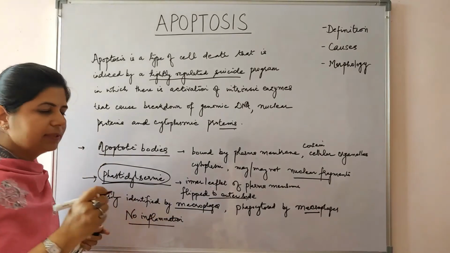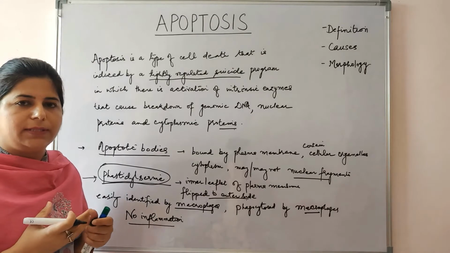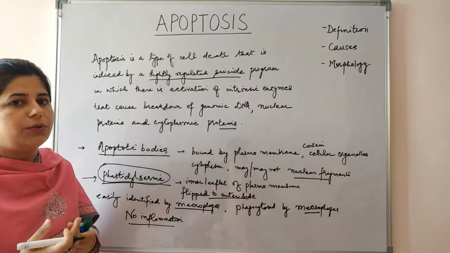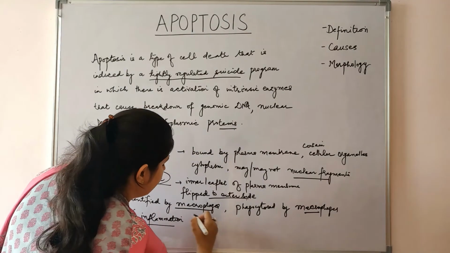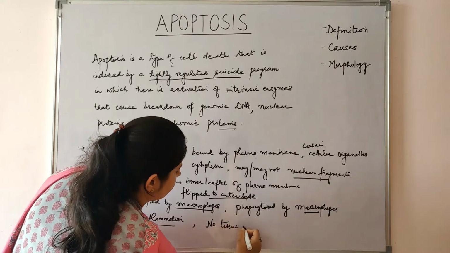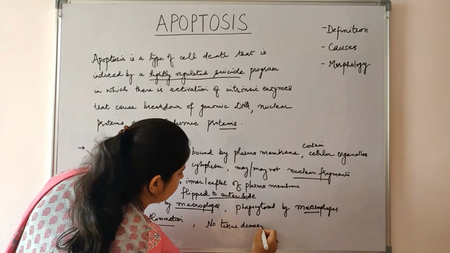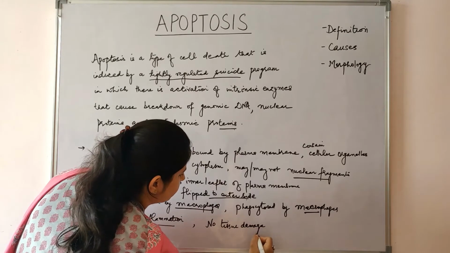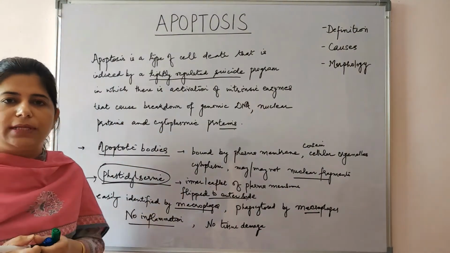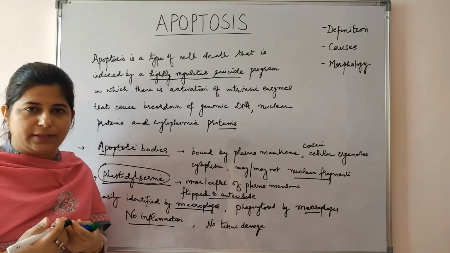Whereas in necrosis, inflammation was an important feature. Inflammation was also causing tissue damage. So here in apoptosis there is no inflammation and no tissue damage. And necrosis was seen in pathologic conditions.